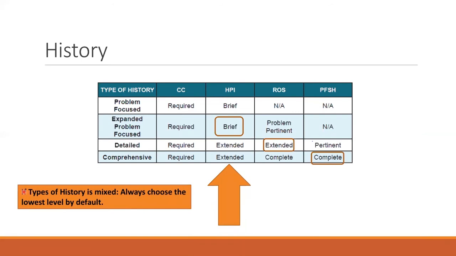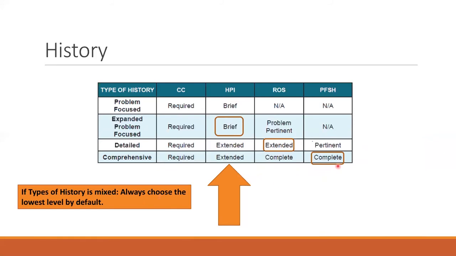So when we codify history, we assess each area individually. When we're assessing whether or not we had a problem-focused visit based on history of present illness, we can have brief or problem pertinent. But for review of systems, if we have a more extended review of systems or a very complete or comprehensive history, you always want to backfill that to the lowest degree in which the history documentation category fell.